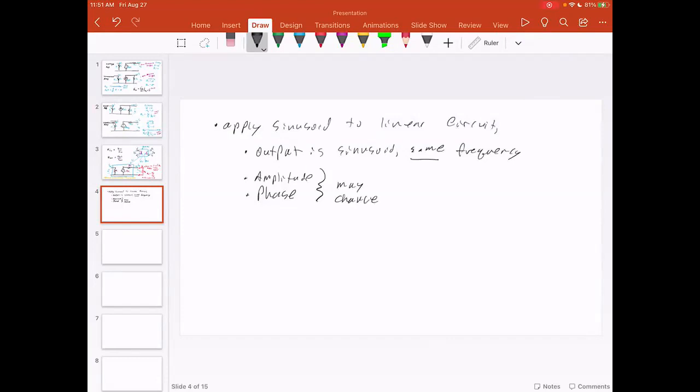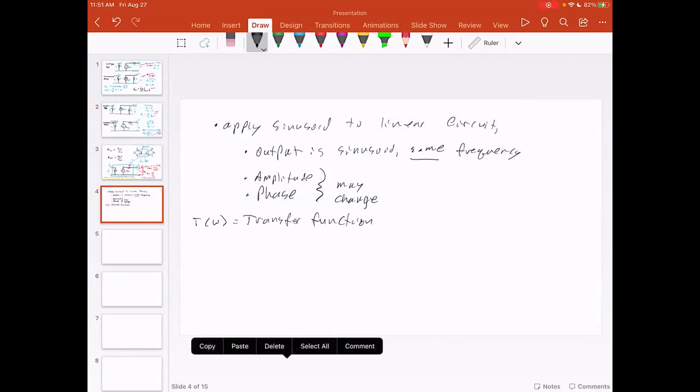That's what linear circuits do. And there'd be a transfer function, which is a function of frequency.